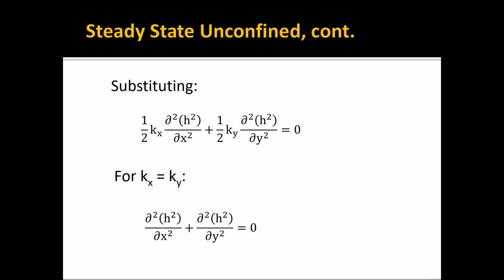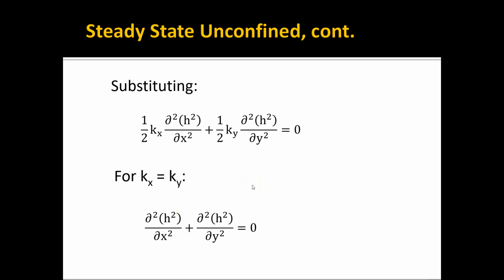But basically, the bottom line here is for the unconfined case, we end up with the same general form of the equation, but instead of having the second derivative with respect to h, we have the second derivative with respect to h squared. So whenever you see this h squared term in a governing equation, you know that you've applied the Dupuit assumptions, and this is for a 2D areal case for an unconfined aquifer.